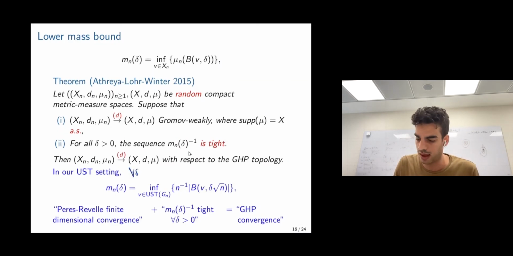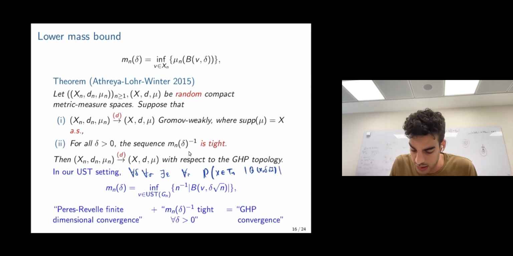It means that for every delta and for every alpha, there exists some epsilon, such that for all n, the probability to see a ball in the UST such that if we look at its delta square root n radius, where the measure we have here is the uniform measure, the probability that it sees less than epsilon n points is smaller than alpha. So we want to guarantee that with probability as large as we wish, all vertices in the graph see at least a nice portion of it.